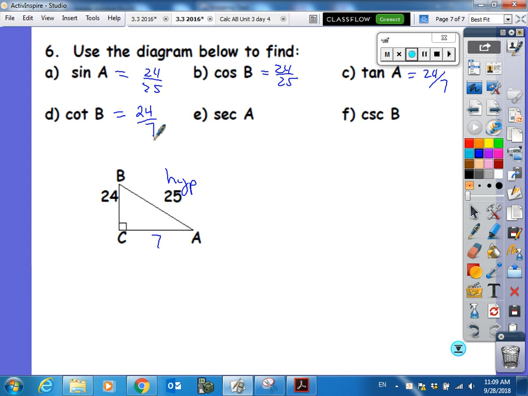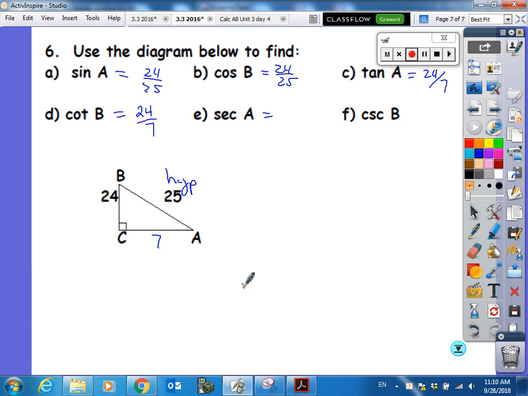Wait, so what's tan? TOA. Opposite over adjacent. And then cotangent is adjacent over opposite, the reciprocal. They're the same. This is tangent of A and B. So that's why we're doing this. So we see that they could be the same, but it depends on what angle we're looking at.